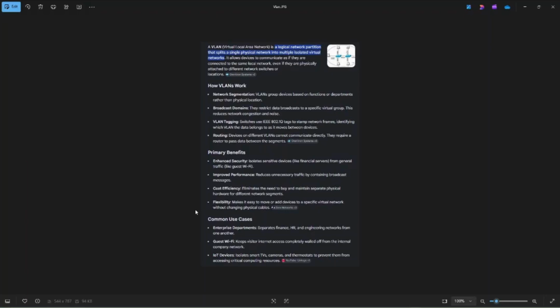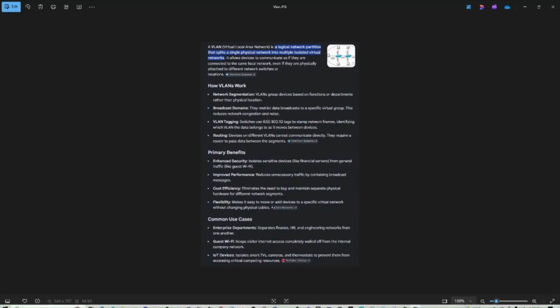So like I said, the switch uses this IEEE tag, which is the 802.1Q tag, to stamp frames, so it will know that this frame is supposed to be on this VLAN, so it will not be able to cross to another VLAN. Routing. Devices on a different VLAN cannot communicate directly. They require a router to pass data between the segments.